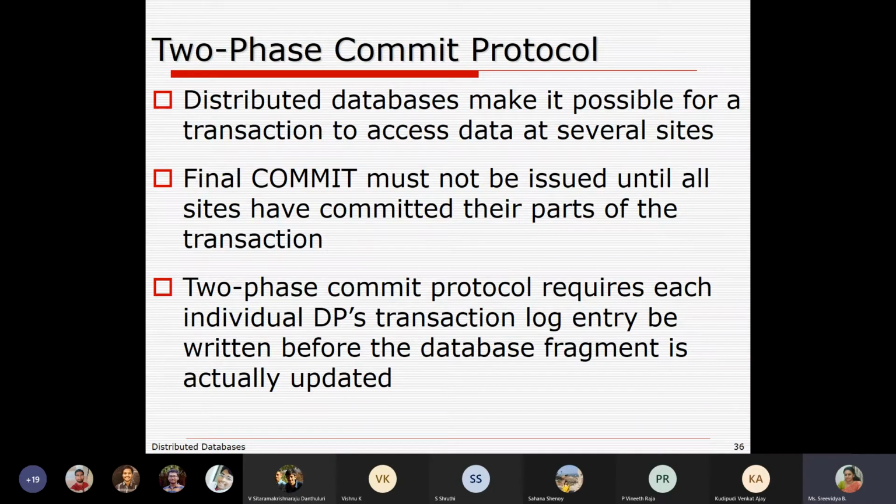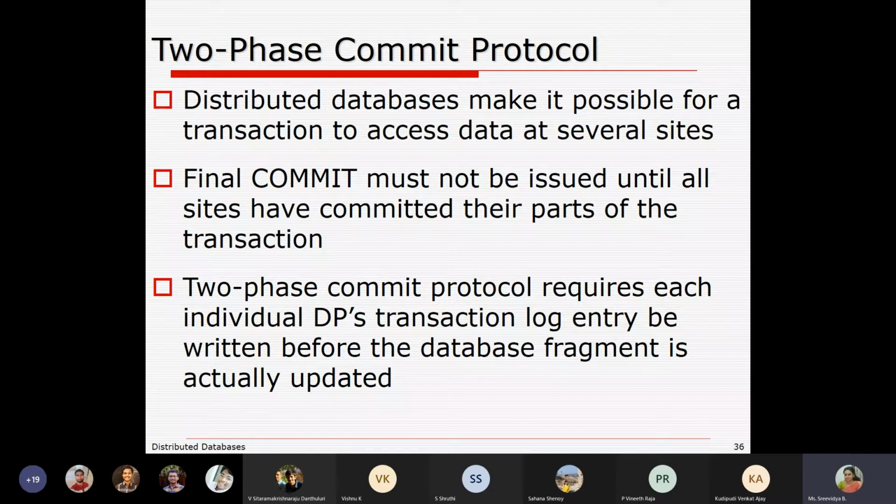In a distributed database, it is quite possible that multiple data processing units will be executing. The final commit must not be issued until all the sites have committed their parts of the transaction. All the sites have to say that they are ready to commit, and then the final commit will happen. The two-phase commit protocol requires each individual DP's transaction log entry to be written before the database fragment is actually updated.